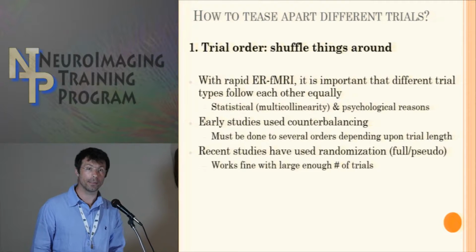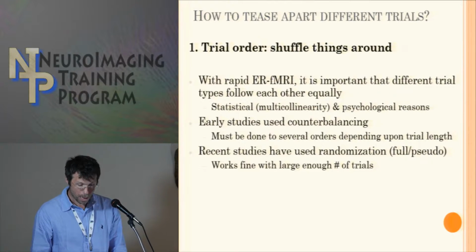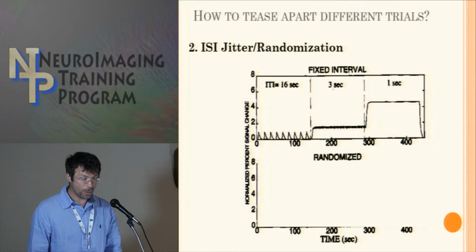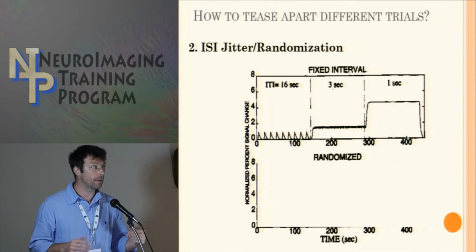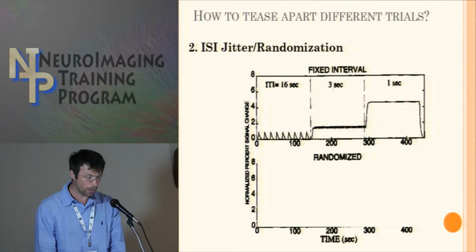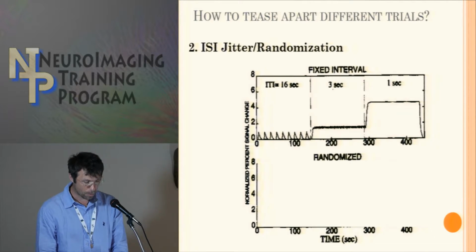You want to get clever in order to avoid discovering after the fact that a third of your subjects all had a certain order which you hadn't noticed, and now there's this big confound that you can't do anything about other than ditching those subjects and acquiring new ones, which is an expensive mistake to make. Another good way of shuffling things around is to just put randomization or jittering in between trials.